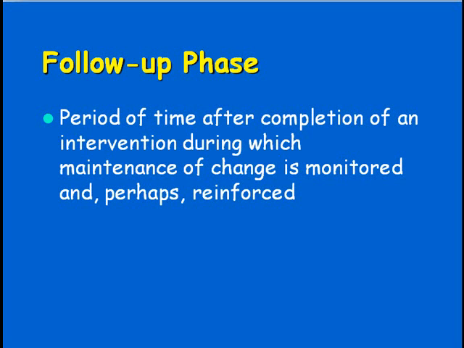And if it's not holding, if they are regressing, then that would be the time where you may suggest that they come back in for maybe what's called a booster shot intervention to get them back on track.